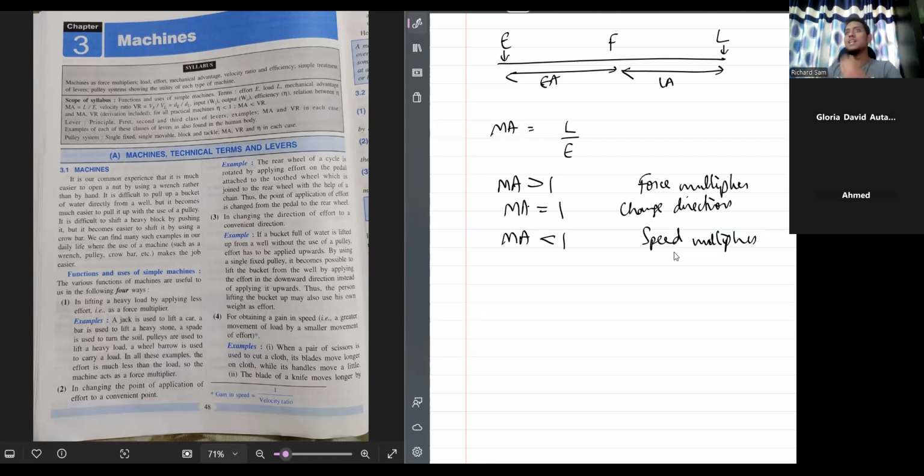It is just changing the direction of application of force. If I did not have that pulley, I'd have to pull the water upwards, which is very difficult. That muscle is not very strong to pull it upwards. But because of that pulley, I'm able to pull downwards. So that is the use of such a machine where mechanical advantage is 1. There's another machine where mechanical advantage is 1, that is changing the application of force.